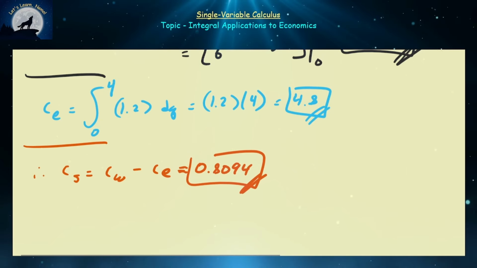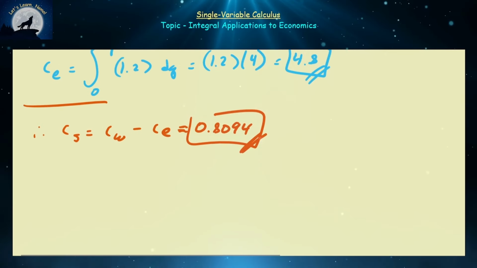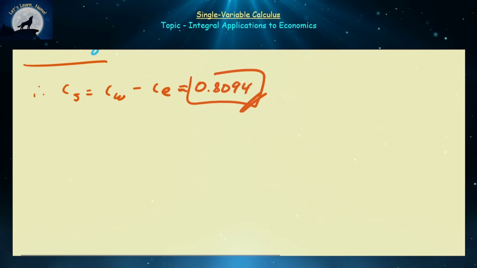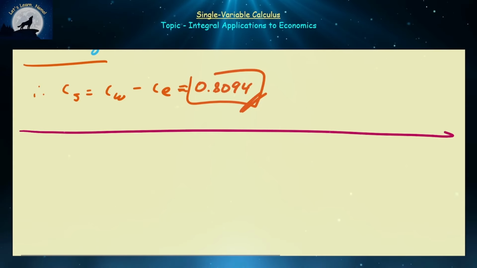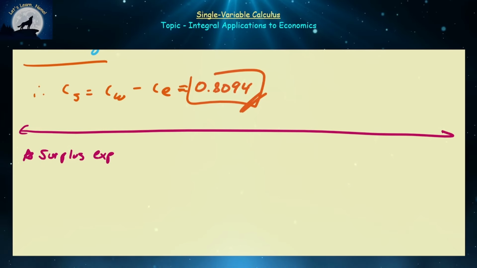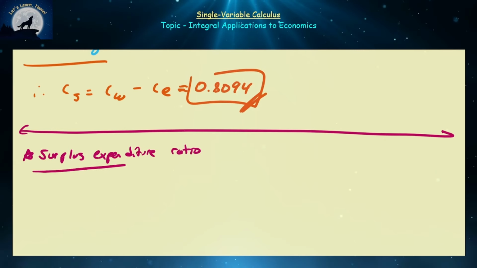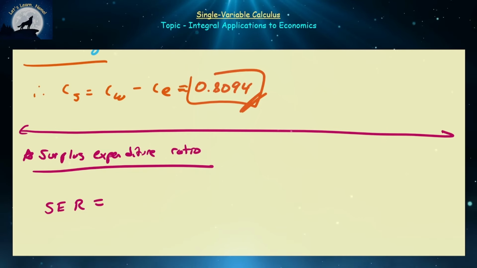Right? Now, from these little objects, usually we can't get quick interpretations because it usually depends on the market that we're working with. So there's another metric that is referred to as the surplus expenditure ratio, or SER, which is defined by CS divided by CE, or the consumer surplus divided by the consumer expenditure.